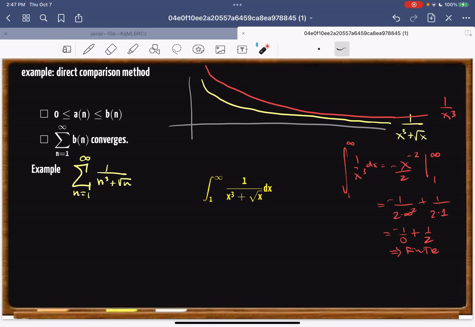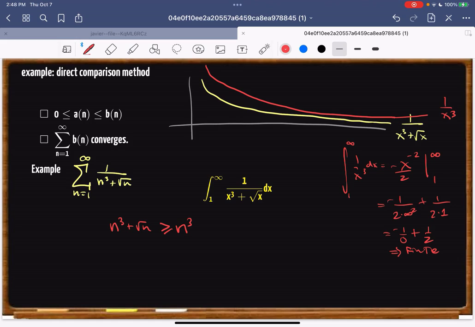So here we go. These are your a_n's, and of course here's how I can prove that what I was saying is that the red one is actually larger than the area under the yellow one. We can go something like this: n to the third plus square root of n is definitely bigger than or equal to n to the third.